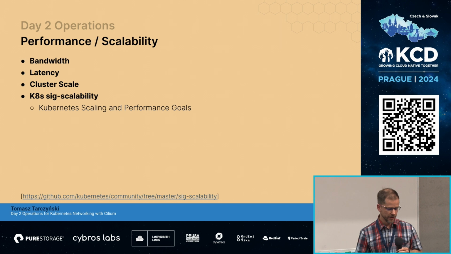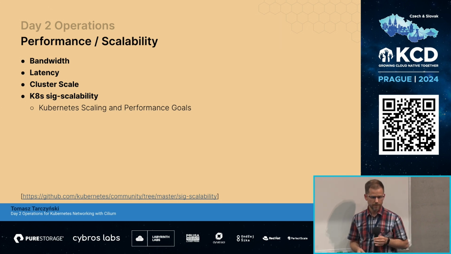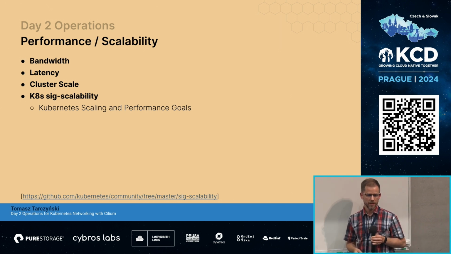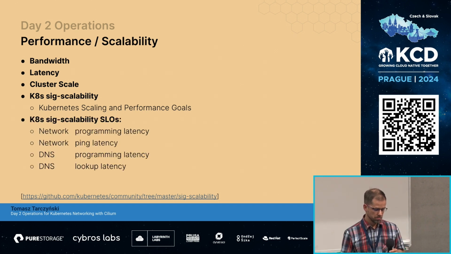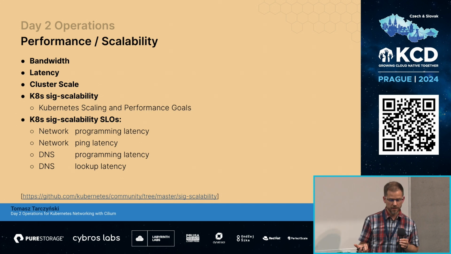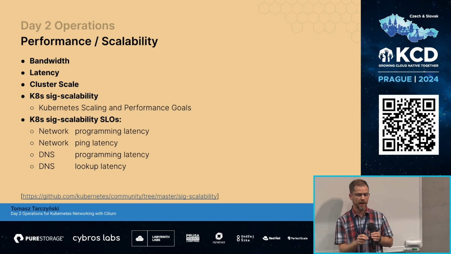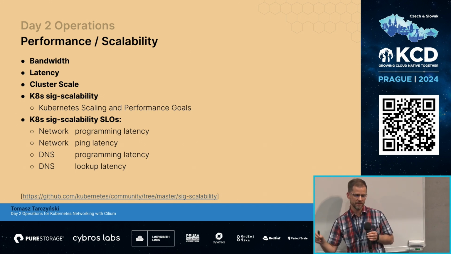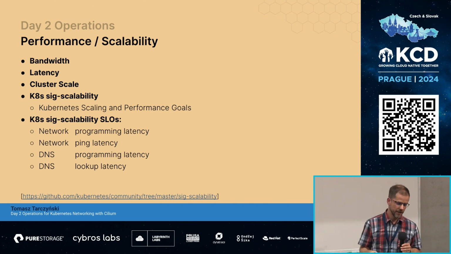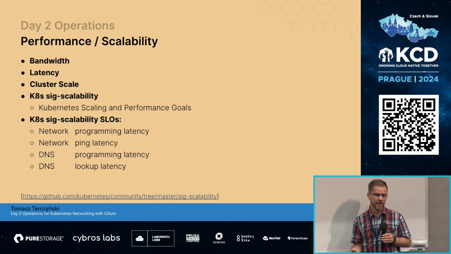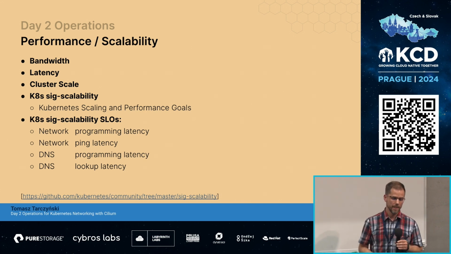One of my colleagues at Isovalent is leading that SIG, and one of the things they do is define the service level objectives for Kubernetes. There are many different parameters there, but among them there are the networking parameters as well.